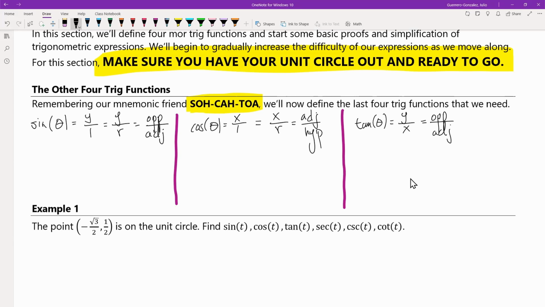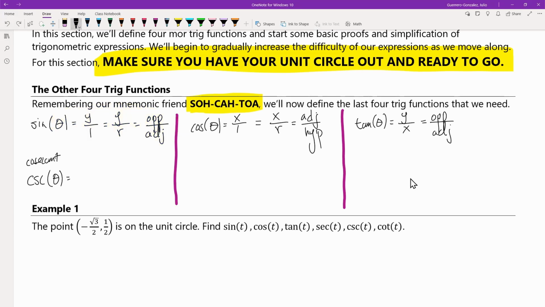The first one I want to show you guys is cosecant, csc of theta, and I'm going to write it up above. Cosecant is defined as all of this flipped. That's it.